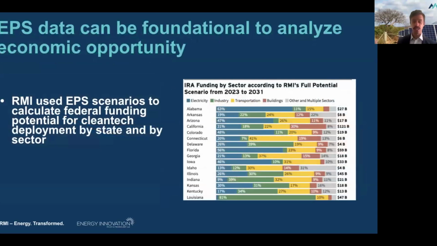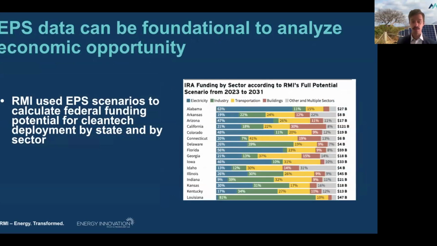But we don't just have to use the EPS and the web apps, even though, as I mentioned before, there are 60-plus visualizations, enough to make any analyst happy for a very long time. You can also use the foundational data to build into more analysis that's useful for whatever project you're working on.